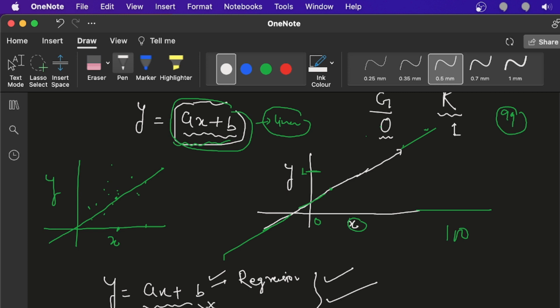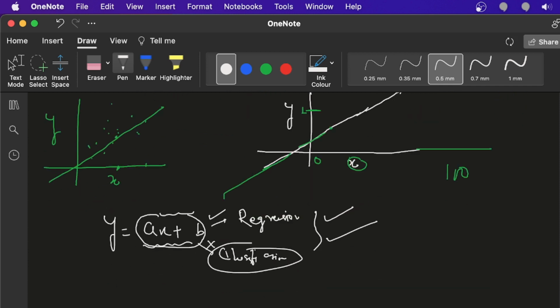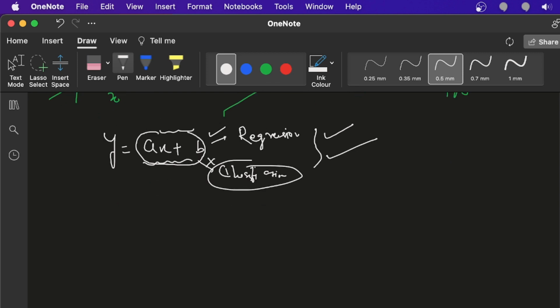Now we have a model for linear equations, a model for regression. But I want a model which is suitable for classification. In this workshop, I will deal with multiple models.